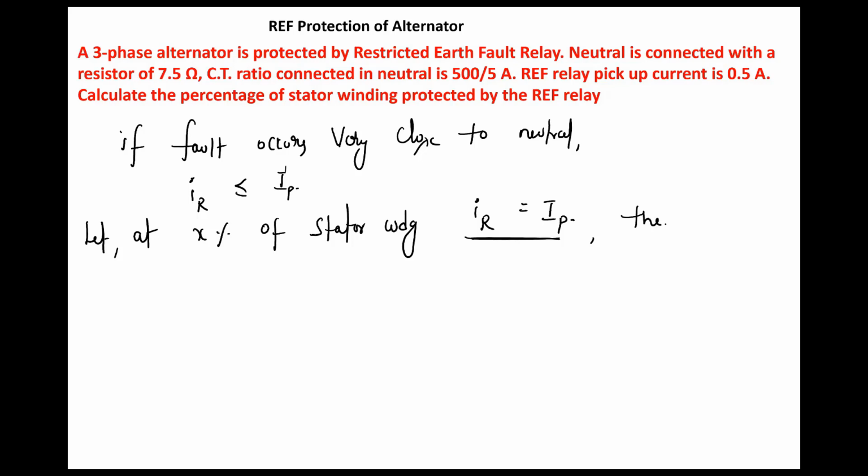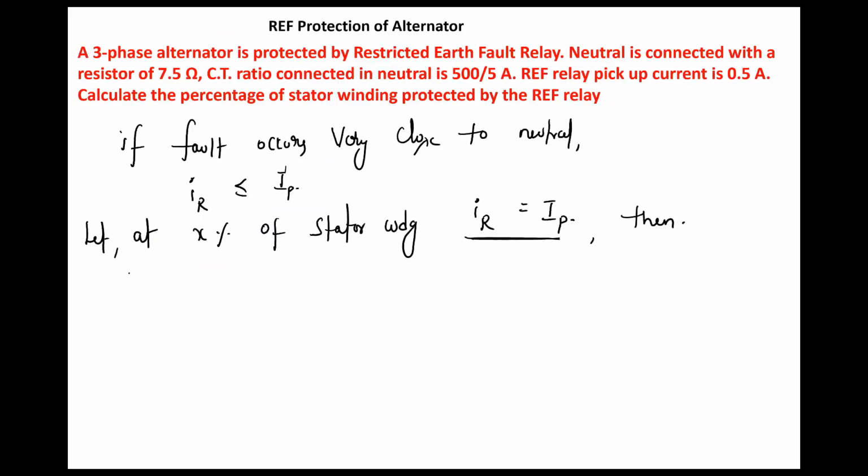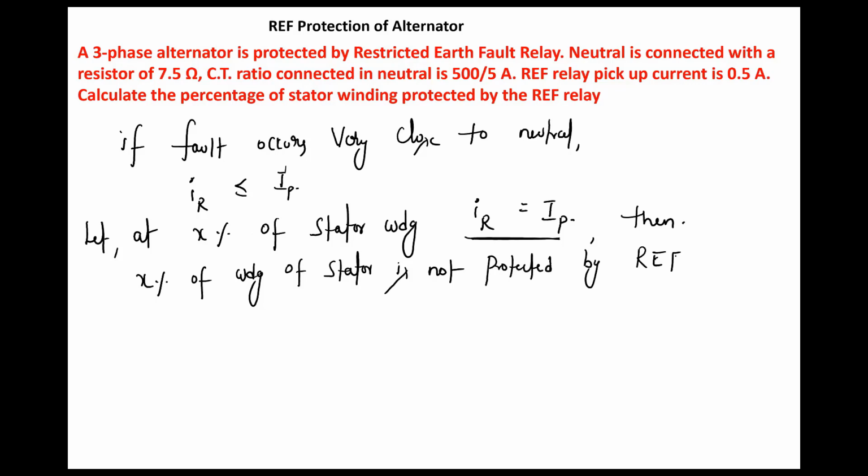Then this X% of winding of the stator is not protected by the REF relay. Understand? Because below this percentage, your IR is less than IP. At this value, it is equal. At equal also, the overcurrent relay will not operate. We know that. It should be greater.